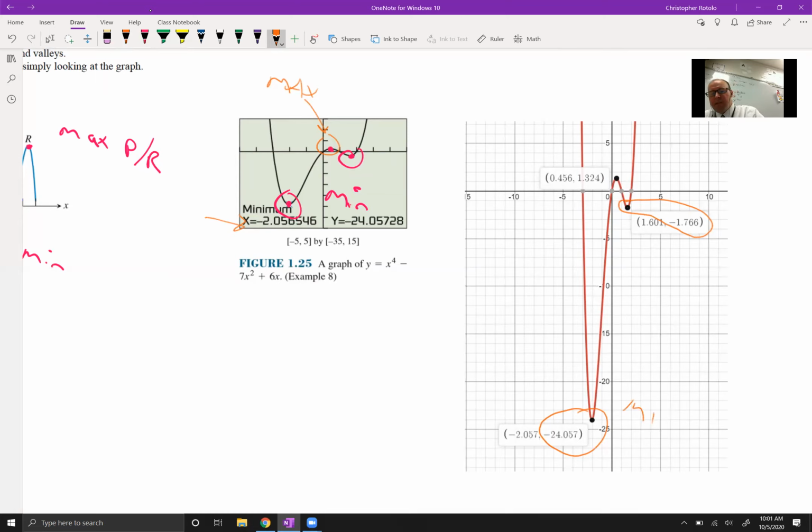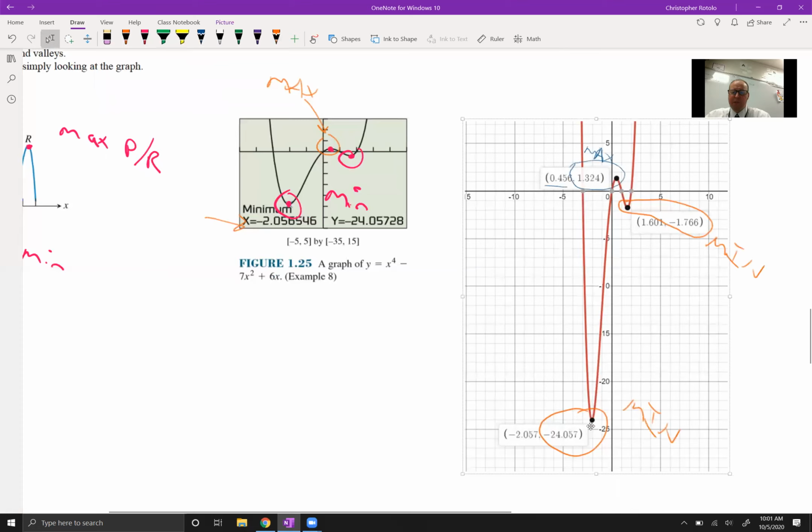Okay, so this is a min, this is a min. Okay, so of course the other one being up here, and again, it's still about the y value. X tells me the location, but the y value tells me the actual maximum value for that turning point. Okay, so that's the maximum value we can get.